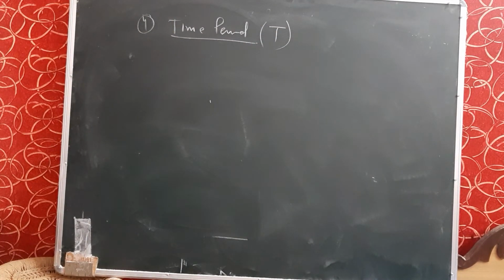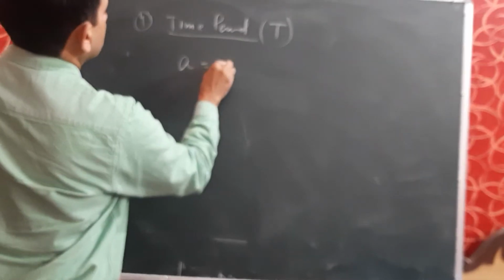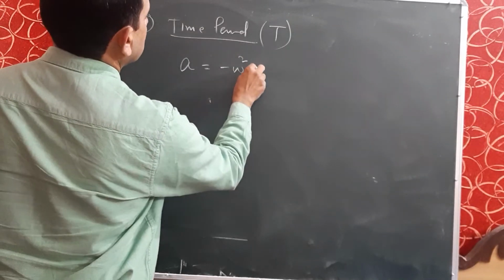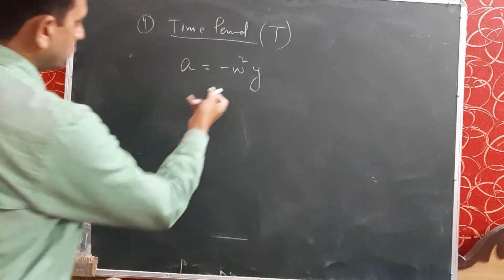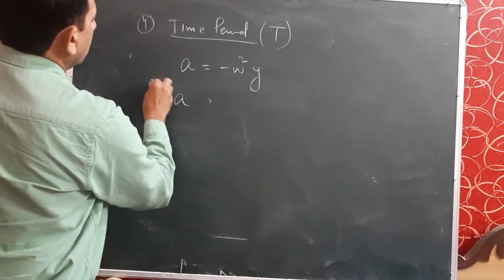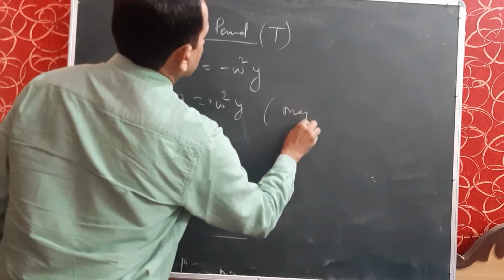So what is the formula for capital T or time period? We will use the relation for acceleration, a is equal to minus omega square y, or in magnitude a is equal to omega square y.